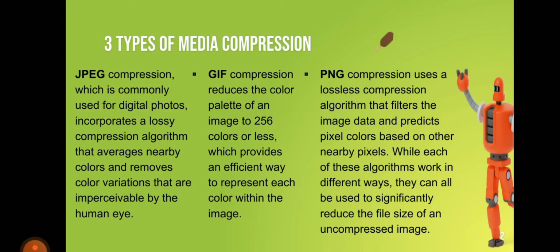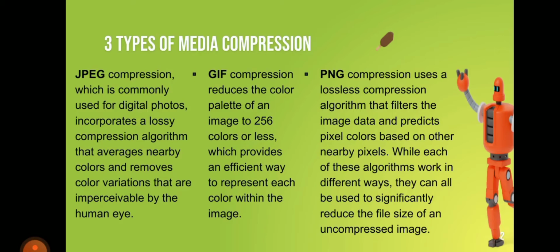JPEG compression, which is commonly used for digital photos, incorporates a lossy compression algorithm that averages nearby colors and removes color variations that are imperceptible to the human eye. GIF compression reduces the color palette of an image to 256 colors or less, which provides an efficient way to represent each color within the image.